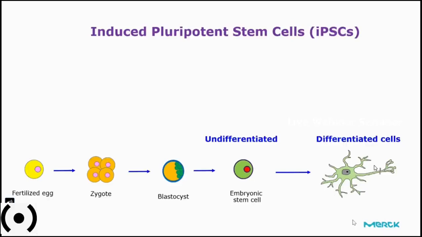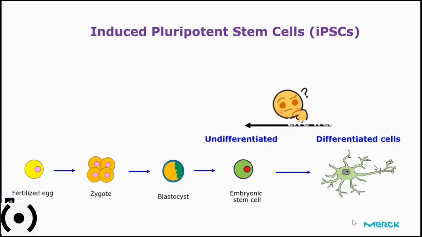So now you can say the undifferentiated cells can be converted into differentiated cells. This has been known for decades. Everyone knows about it. What's new in this? The novel thing is: can differentiated cells be converted back into undifferentiated cells? This was not known before, right? No one thought about this.